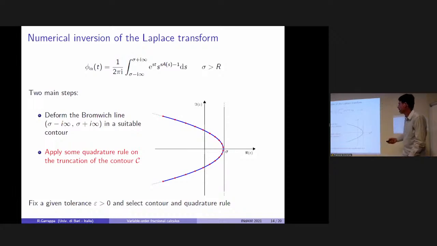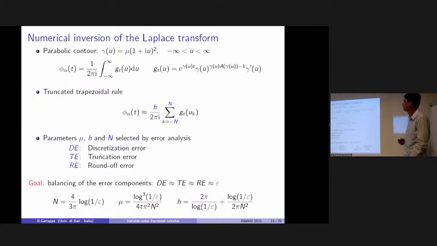And given a certain tolerance, we can select both the contour and the parameters of the quadrature rule in order to achieve the required accuracy. For instance, but it is just an example, we can consider a very simple parabolic contour. We have worked several times on parabolic contours. They are very simple because they basically depend on just one parameter.